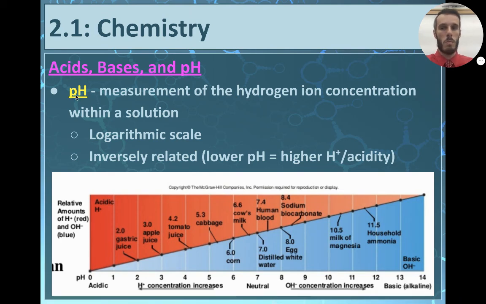So a change in pH of 1 means that it becomes 10 times more acidic or less acidic. Now, if it's changing 2, then that would be 10 to the second, so that it'd be 100 times more acidic than the original solution. So it is inversely related. The lower the pH, the higher the amount of hydrogen ions. So the more acidic it will be.